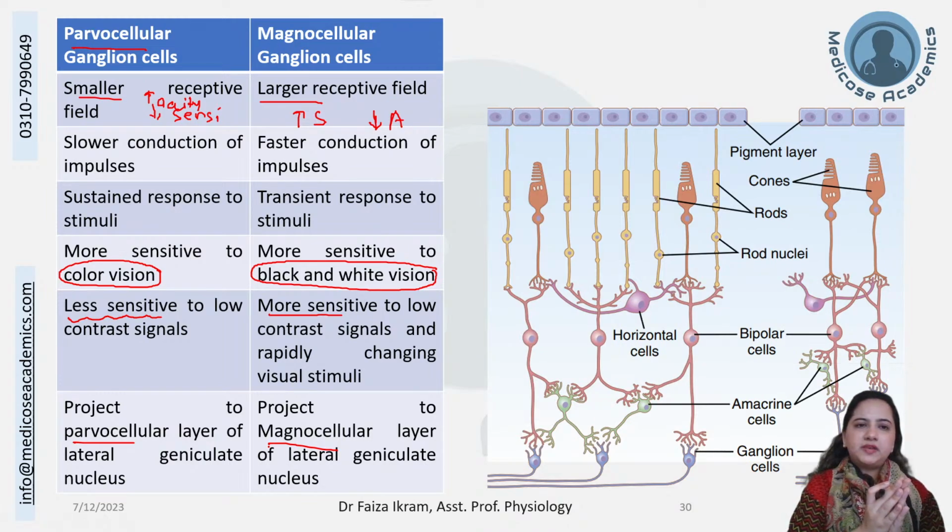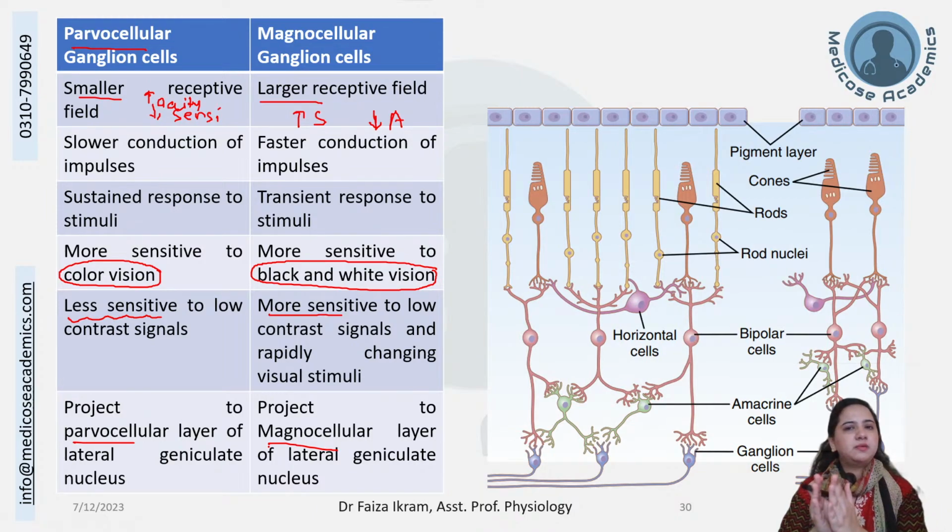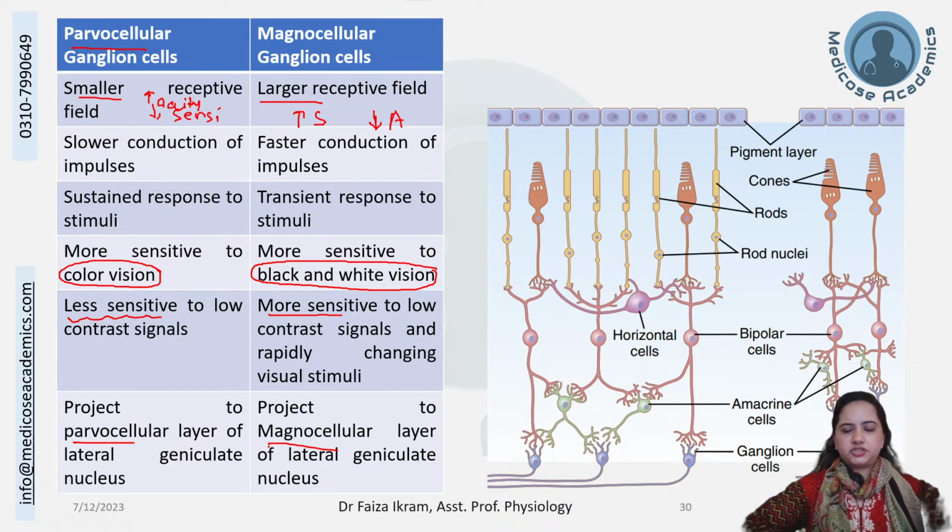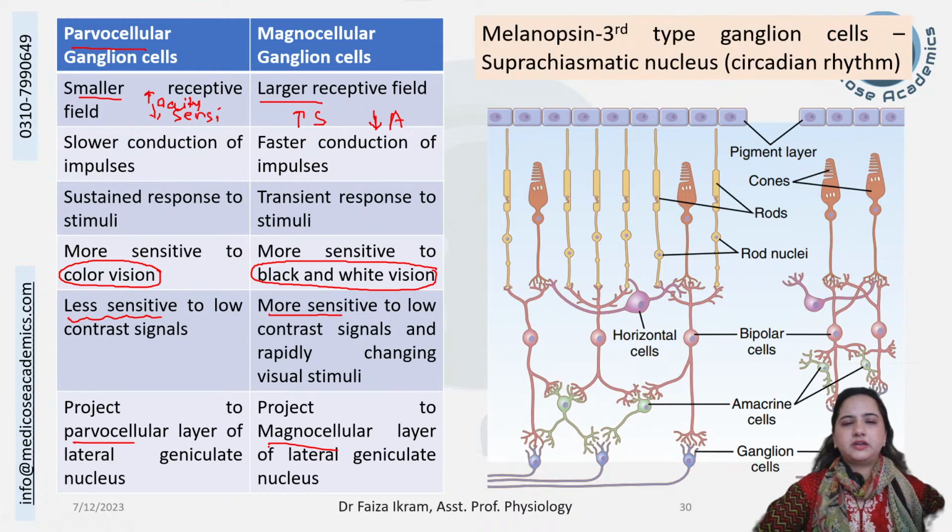The color vision pathway will have low sensitivity, more acuity, slowly conducting. Magnocellular pathways will be faster conducting. They will detect the rapid changes in the stimuli. They can have very low threshold for their stimulation, very high sensitivity, and they can help us in the black and white vision. So we are emphasizing the same things again in different forms at different levels of the retina.